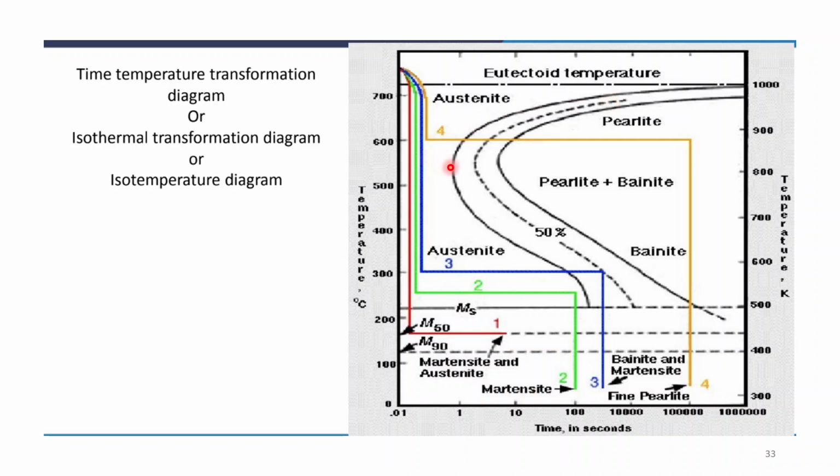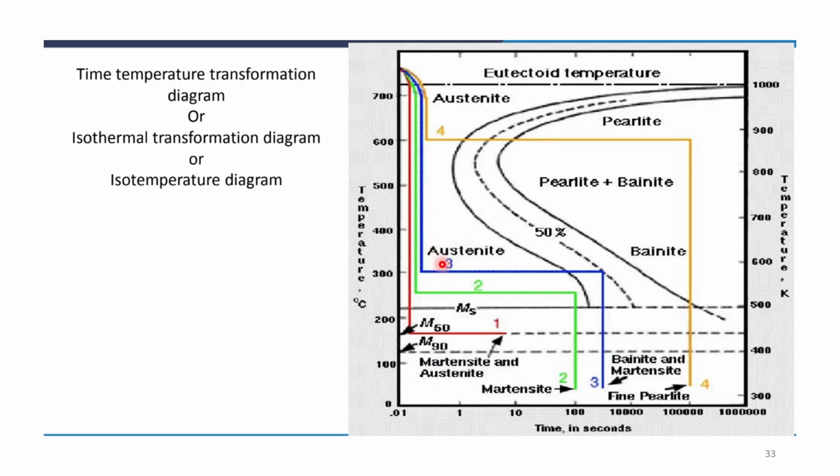As you keep going near the nose temperature, you will get finer and finer pearlite, and up to the nose and below the nose you will get bainite. If you hold your material here, you will get bainite, and bainite will be upper bainite and lower bainite depending on the microstructure. Lower bainite will be at lower temperatures and upper bainite at higher temperatures.